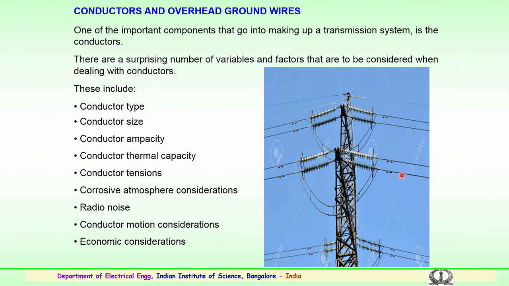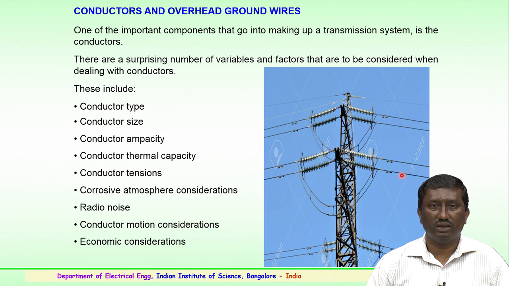So, we should know that there are a surprising number of variables and factors to be considered, particularly when dealing with the conductors. So, what are these variables or factors? These include the type of the conductor, the conductor size, what is the voltage level, and what is the current carrying capability of the conductor. Depending upon that, the size is chosen. The conductor ampacity is the current carrying capability of the conductor.